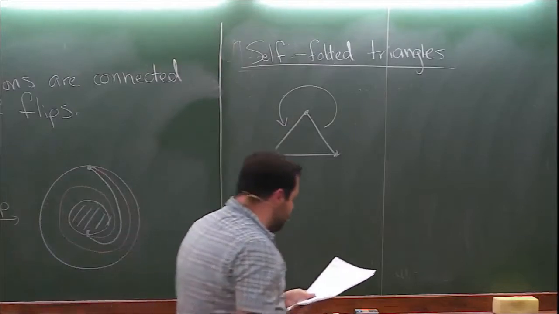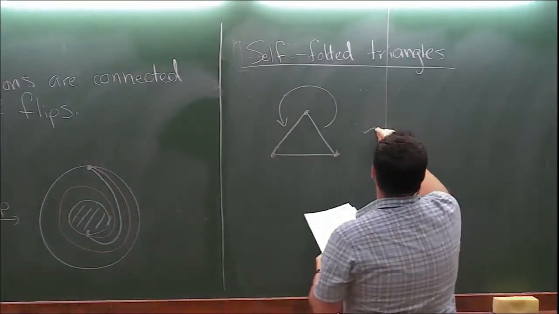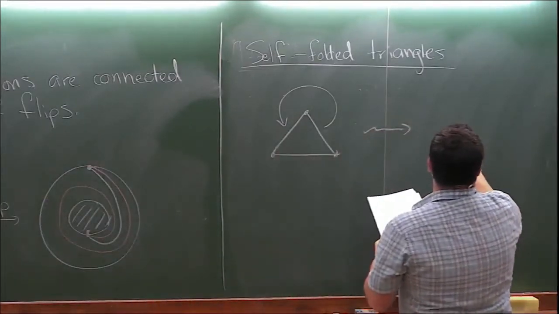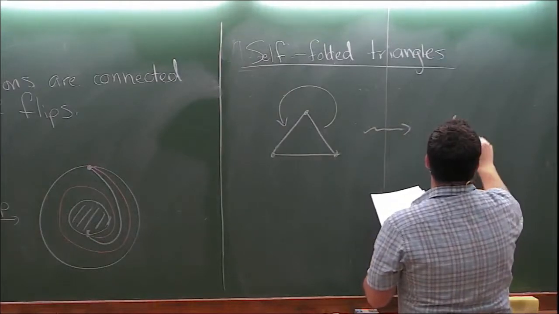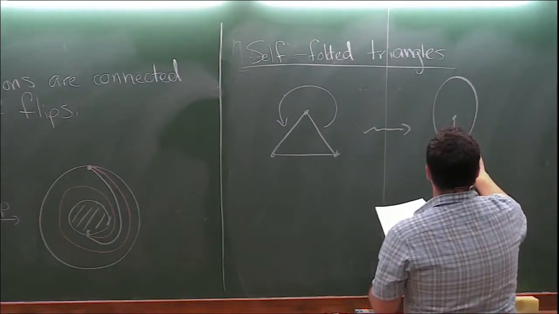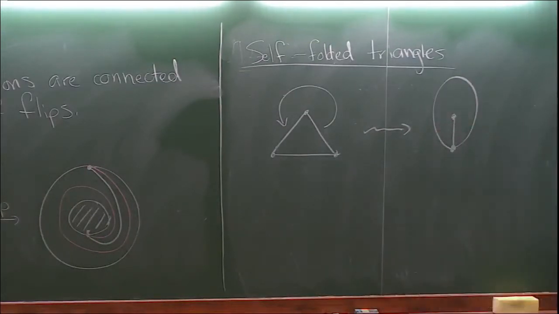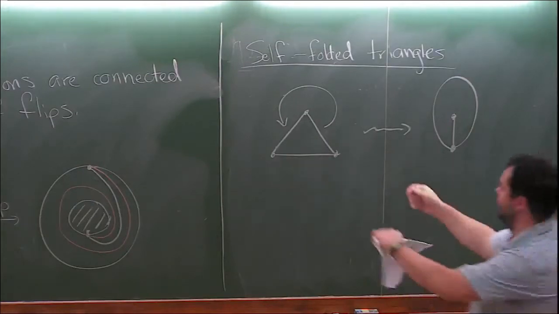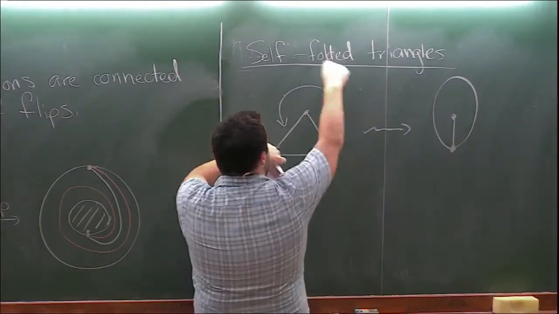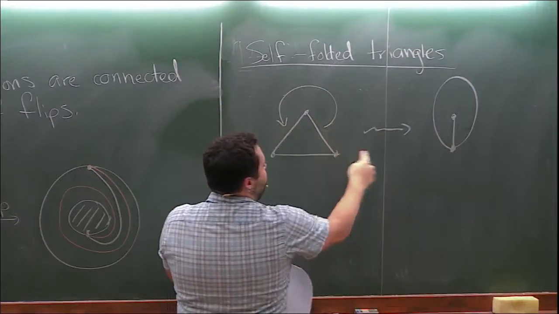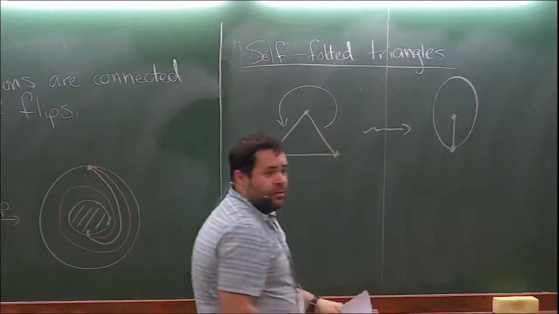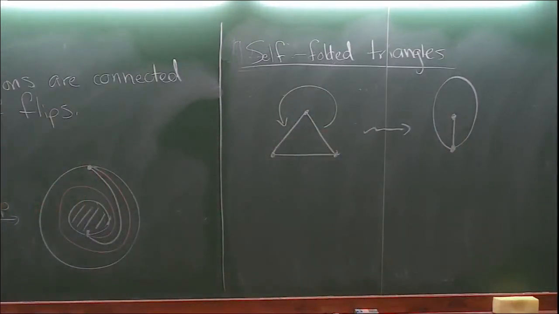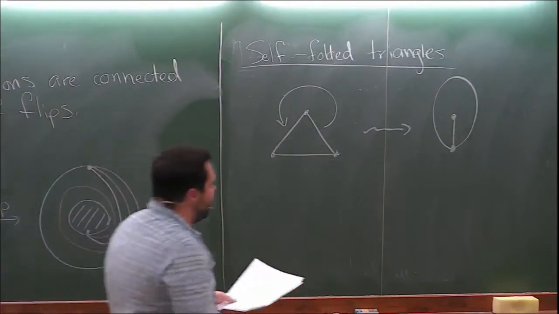The picture that I get looks like this. Okay? So do you see this? You take this, you glue it on itself, and this edge that's glued to this edge becomes this one. Okay? So this is called a self-folded triangle.